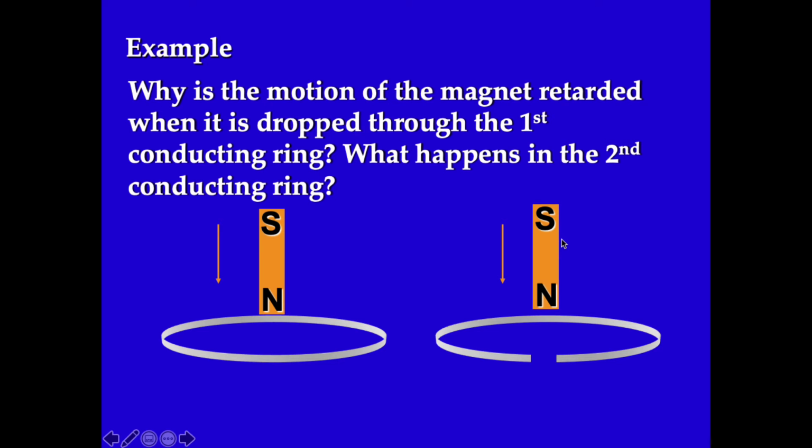If I take the ring and cut it, as you see there, I increase the resistance of my loop, making it a lot harder for the electrons to flow. I actually get almost no induced current. So if I cut the ring, there'll be very little induced current in the loop, and so the ring won't jump off very much.